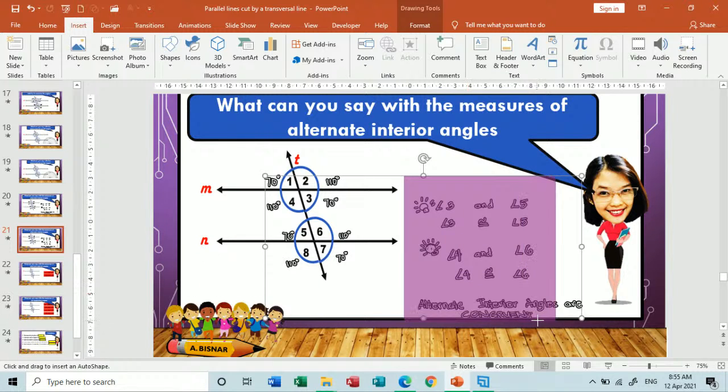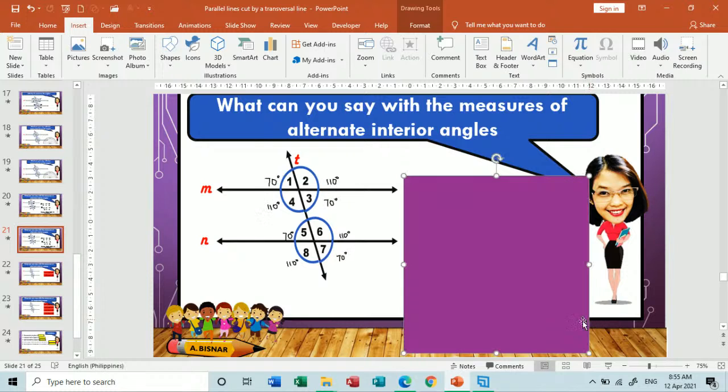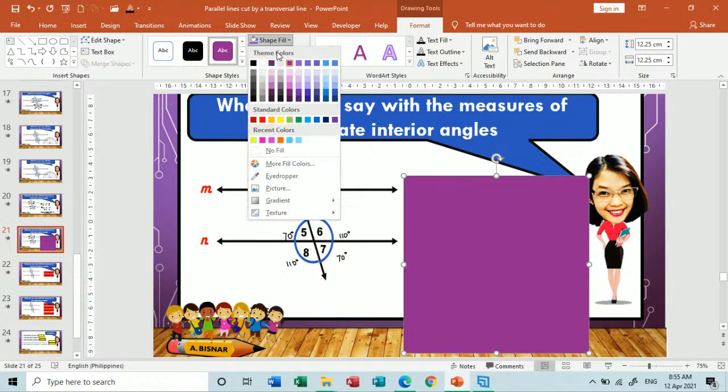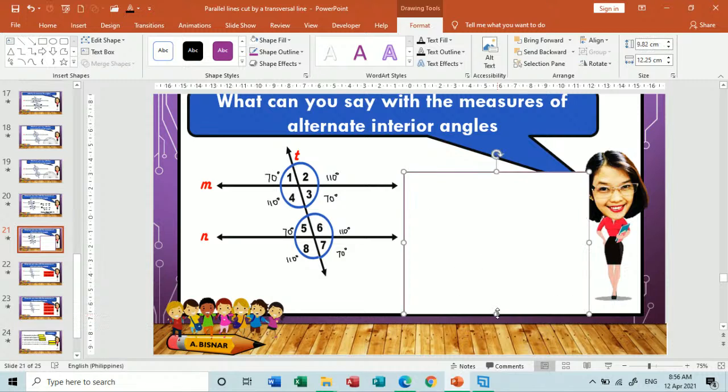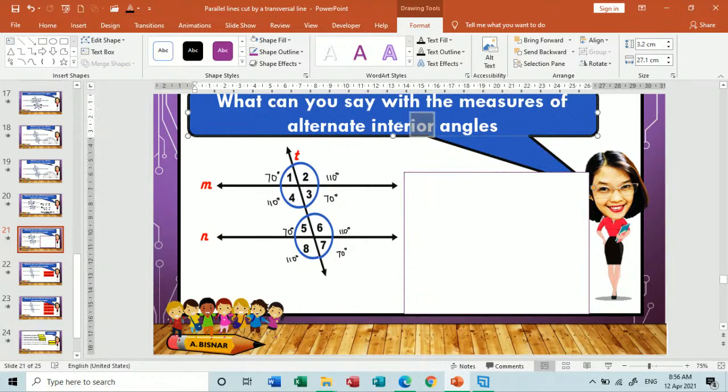Ilalagay natin. Burain ko lang to. Make it white. Yan. And then let's change it to exterior.